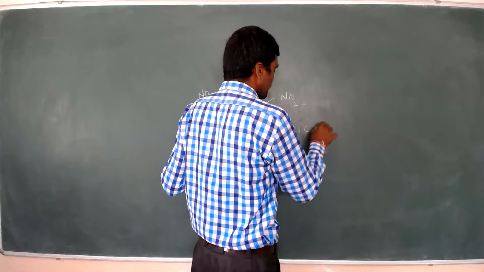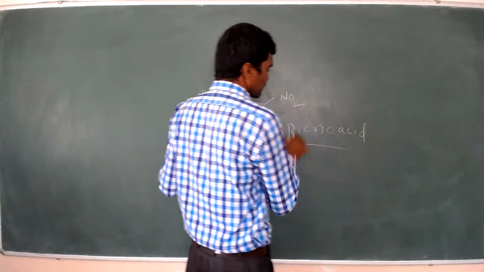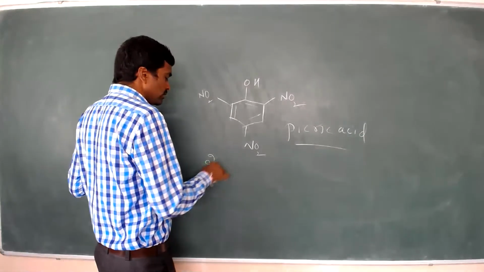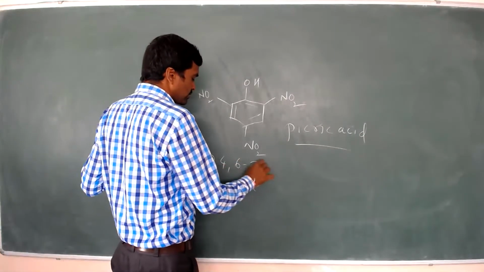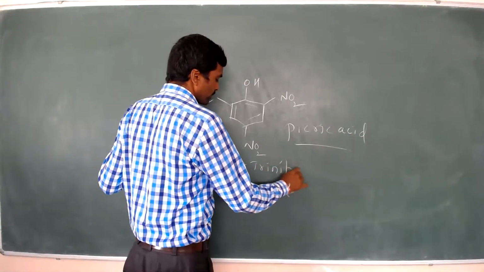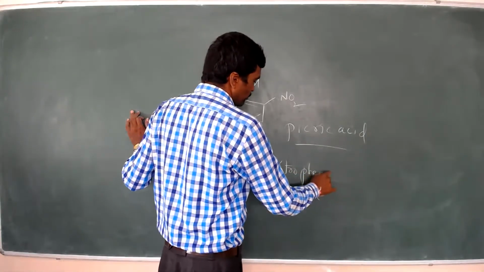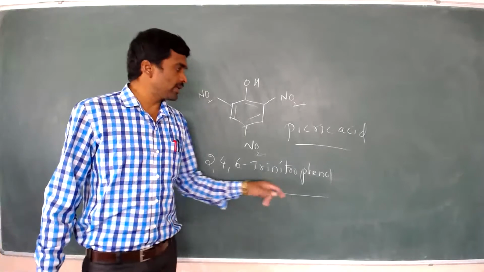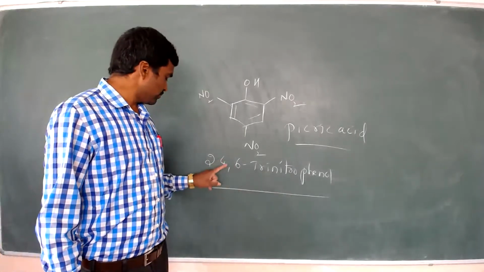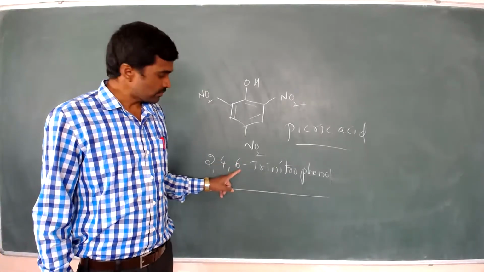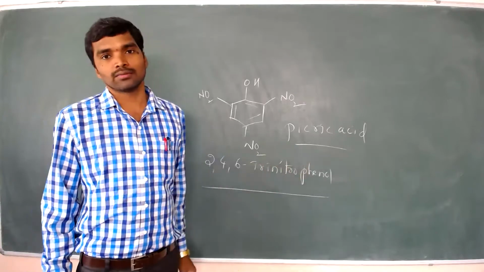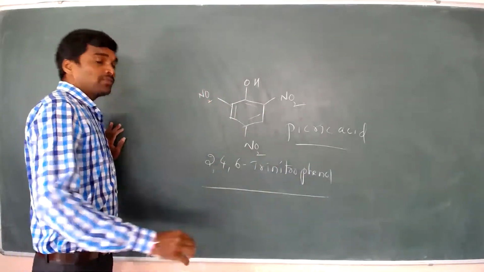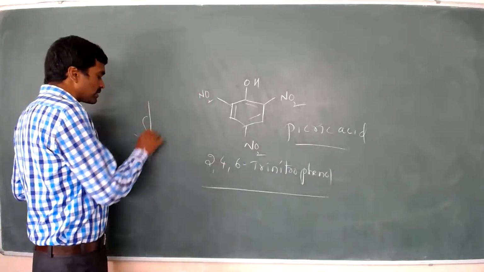Its IUPAC nomenclature is 2,4,6-trinitrophenol. This compound is a very powerful acid, a strong acid.